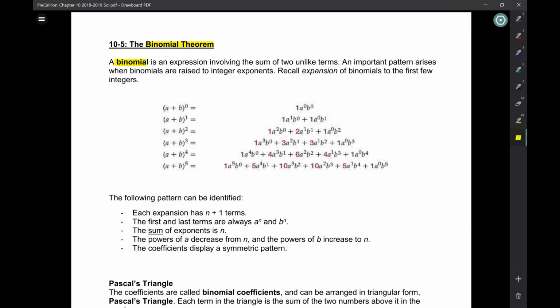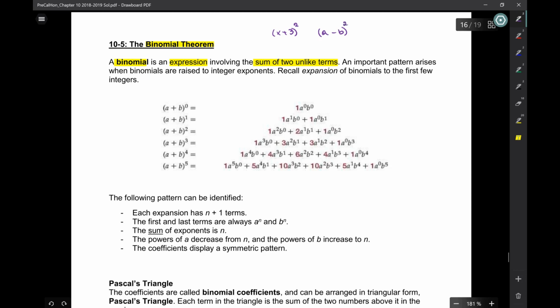If you remember, a binomial is an expression that involves the sum of two unlike terms, right? So for example, x plus 3 is a binomial, a minus b is a binomial, and so on, all right? Now, we know what happens when we have, for example, x plus 3 squared, right?